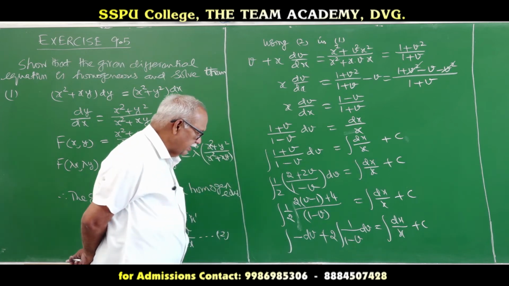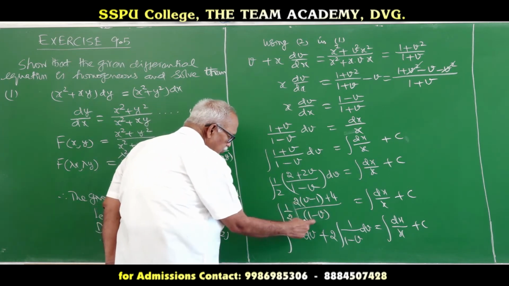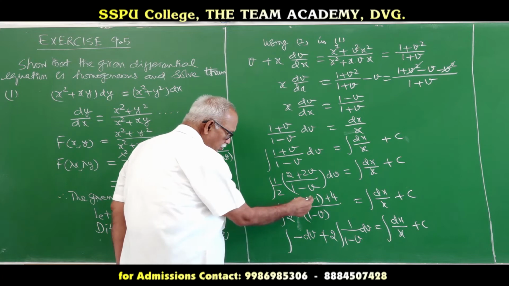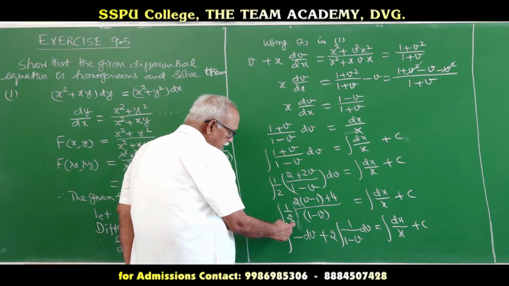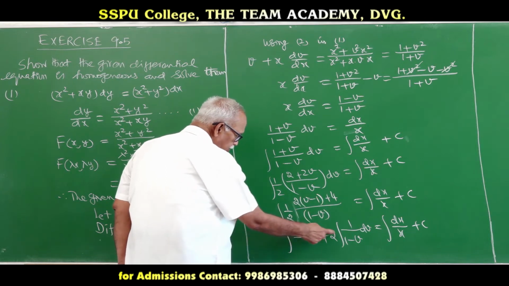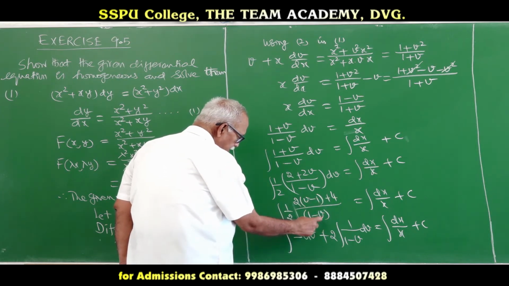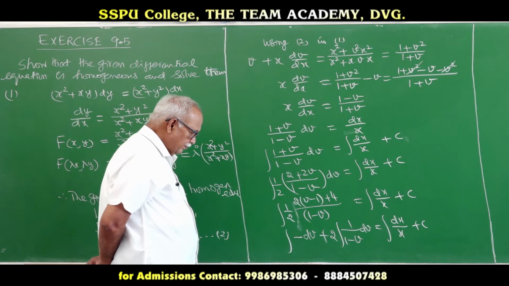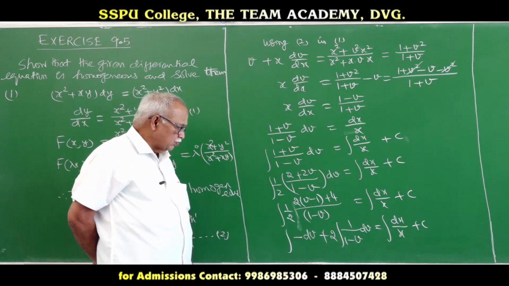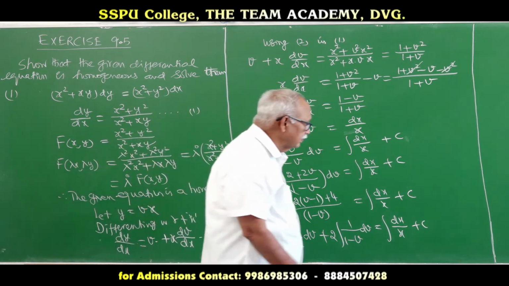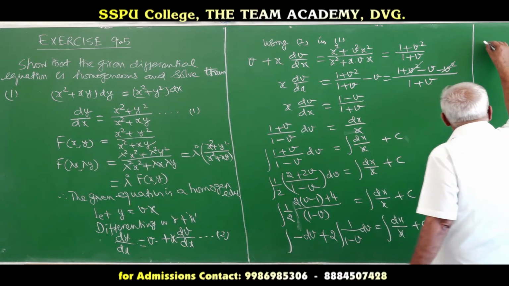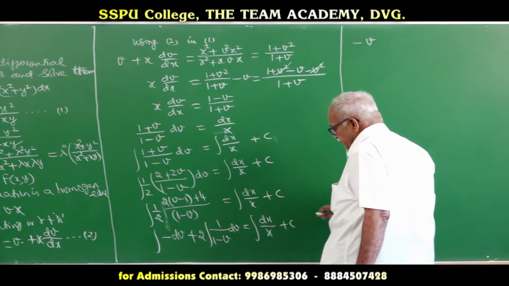You see the integration: v − 1 and 1 − v cancel, and what is remaining is 1/(1 − v). Now what is the integration for this, minus dv? Let us see that. This is minus v.